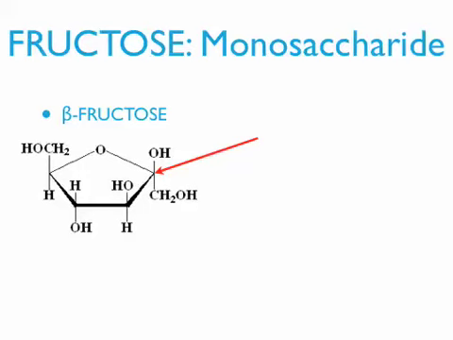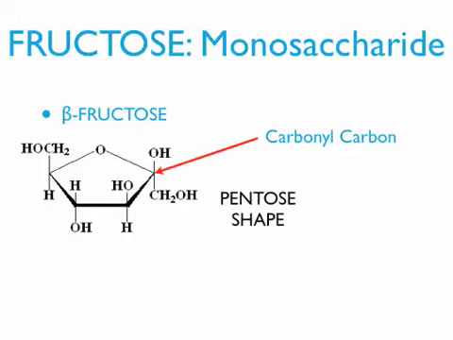And it's a carbonyl. Why? Well, it's joined to a ringed oxygen and an OH group. And it's the only one that does that. So it's the only carbonyl carbon. Note also the shape of fructose. It is a pentose shape. Count the carbons for yourself now and tell me how many you get. 6, isn't it?